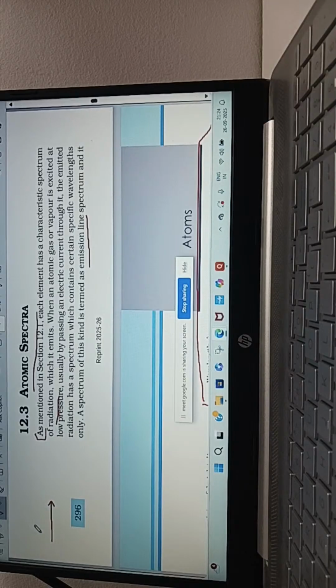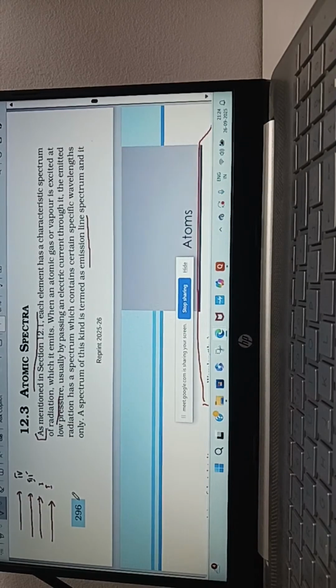And this is the orbital level. 1, 2, 3. You know the orbit, na? So first orbit, second orbit, third orbit, fourth orbit, like this. Have you studied atomic structure in chemistry?